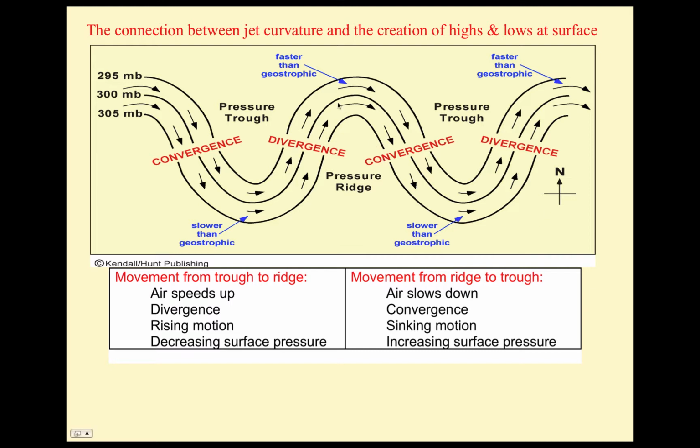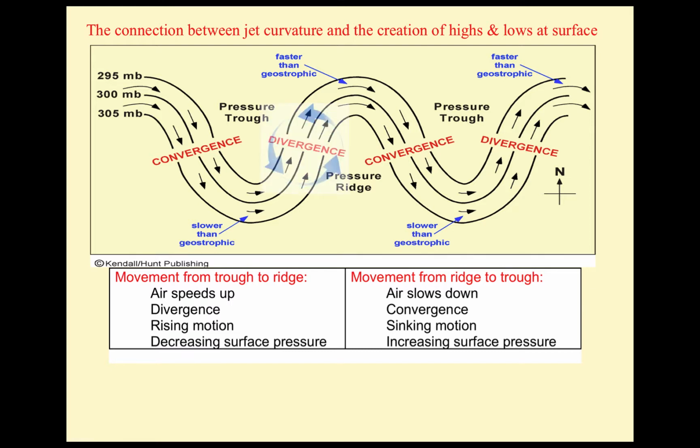At the same time, if this air must go fast over this ridge, slower around the next trough, it must be piling up or converging in this region. This would be kind of an example of a stoplight, where cars all of a sudden cluster together as they're forced to slow down. So there's a general pileup of molecules here, increasing the surface pressure underneath there.